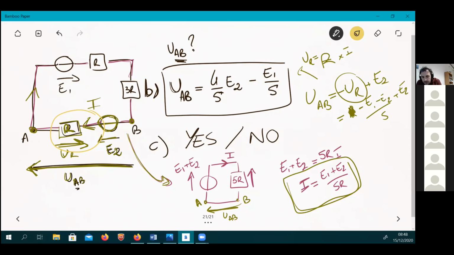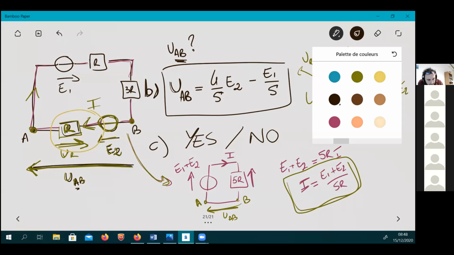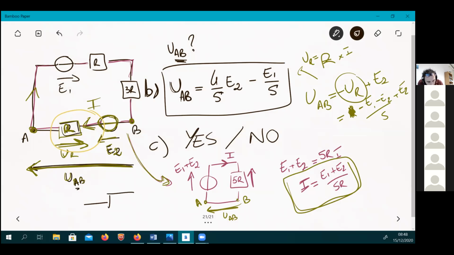Okay, so don't forget, receptor convention means first, if the current is fixed, so the current flows in a specific direction, then you have to pick, if you are in the receptor convention, the voltage in the opposite direction. If you do so, then you can say that the voltage is positive. It's R times I. Okay?